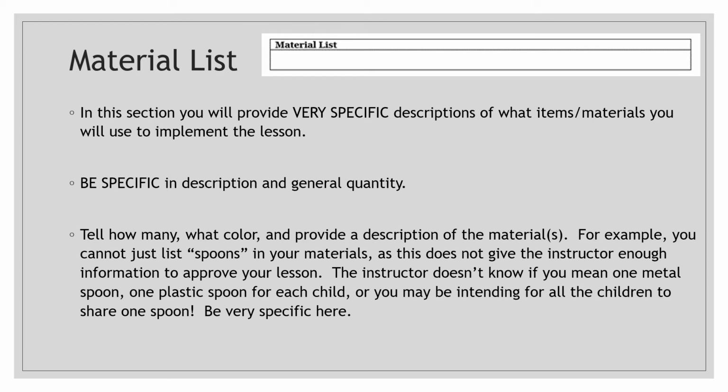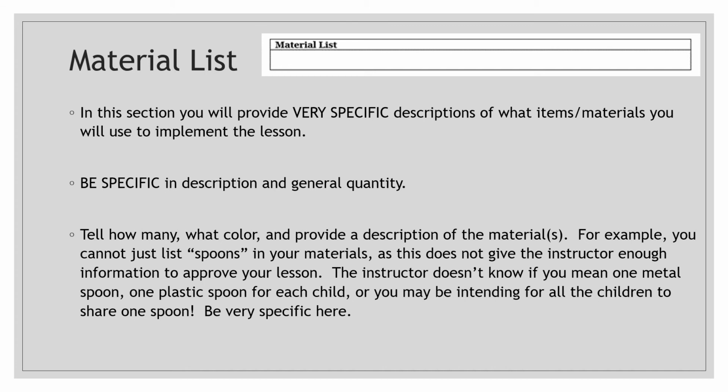The next section is the material list. In this section, you will provide very specific descriptions of what items or materials you will use to implement the lesson. Be specific in description and general quantity. Tell how many, what color, and provide a description of the materials.